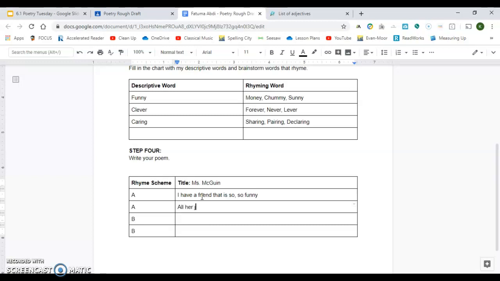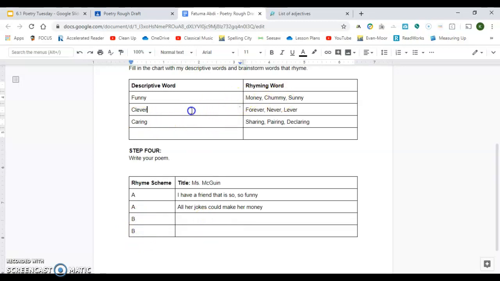All her jokes could make her money. Boom. Check it out. Lines 1 and 2, they rhyme. Funny, money.